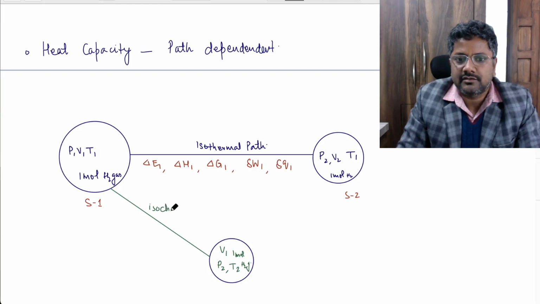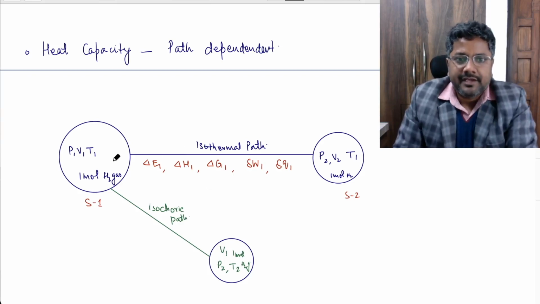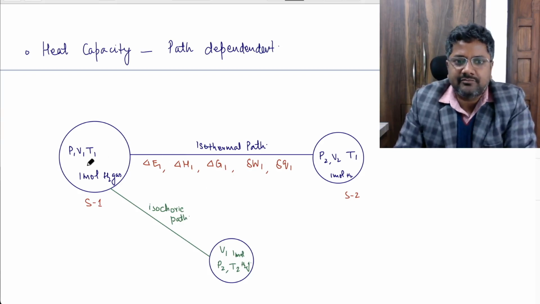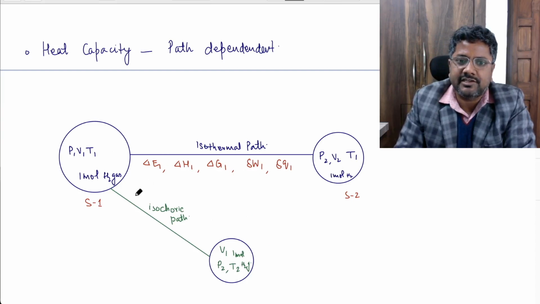Isochoric path. So tell me, from this state to this state, these two states are different. If these two states are different, it means the internal energy change is different.